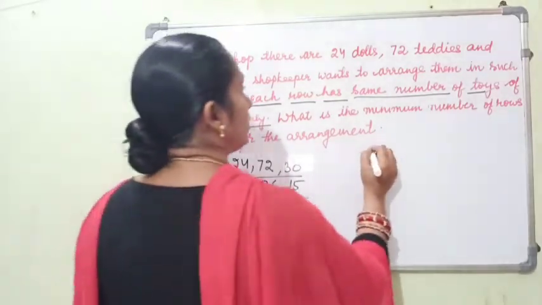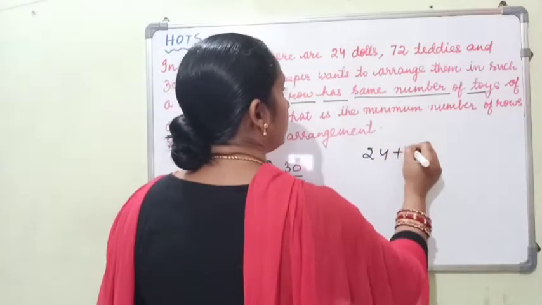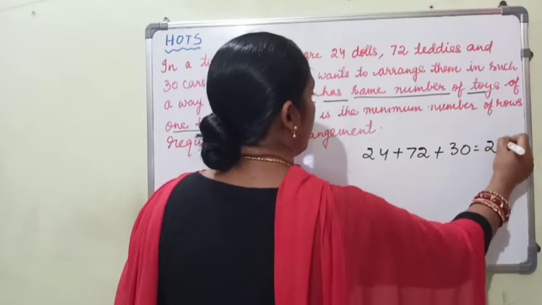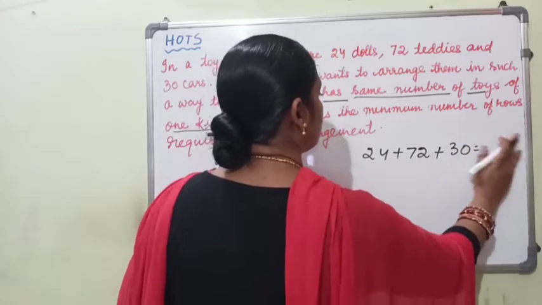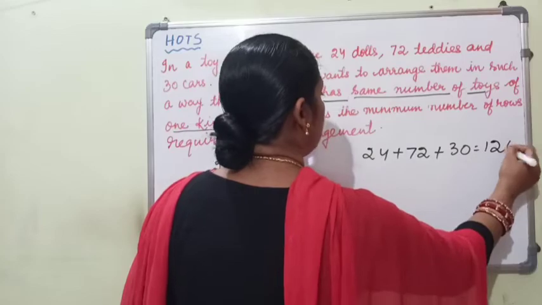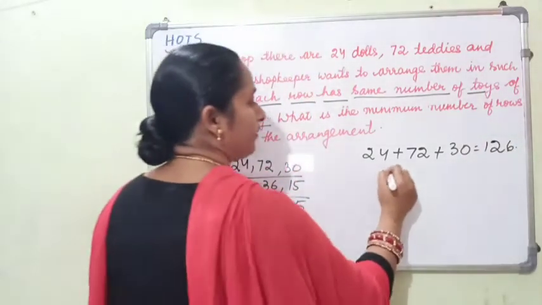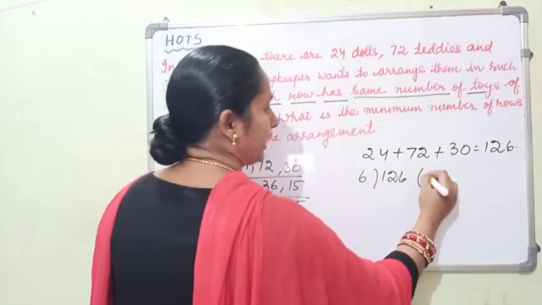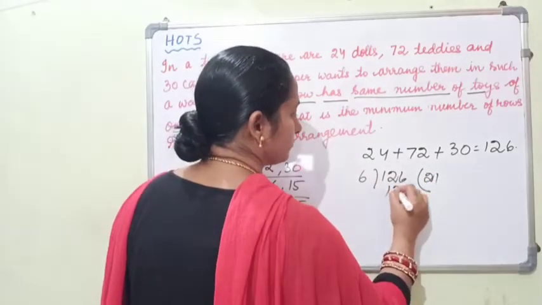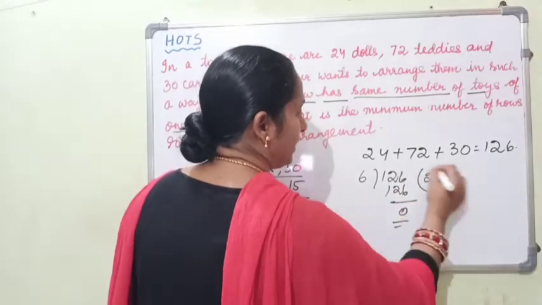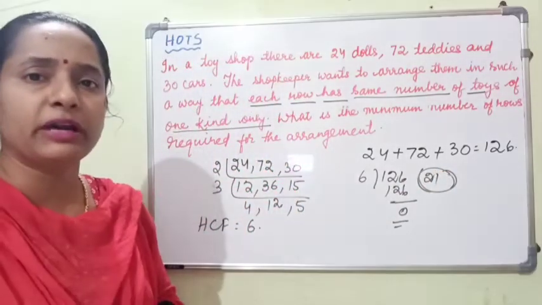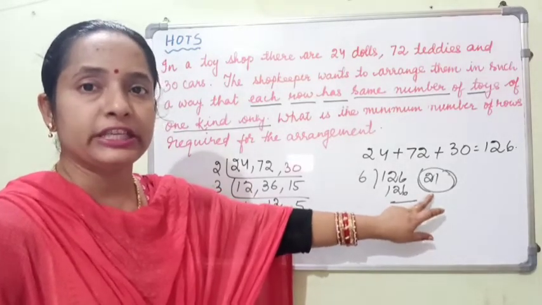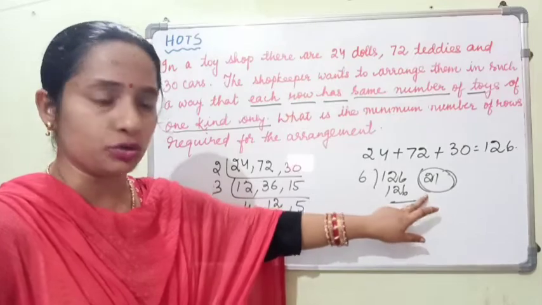The total number of toys can be found by adding, that is 126. Now if you divide 126 by the HCF you got, 6, then you get 21. This means the minimum number of rows in which these toys can be arranged is 21 rows.